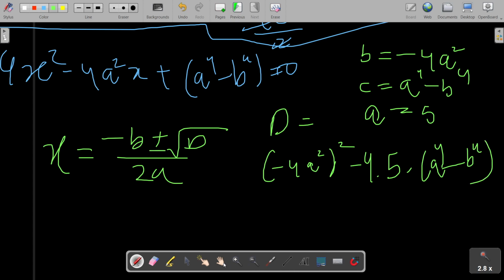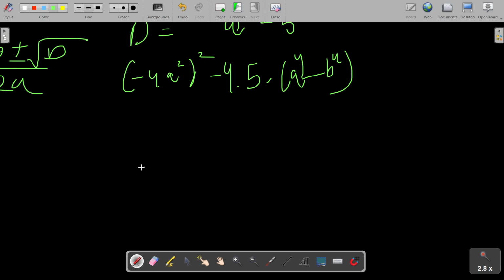Okay, so let's simplify this. Minus 4 whole squared is positive 16. This is a to the 4 minus 4 times 5 is 20, a to the 4 minus, sorry, this is b to the 4.